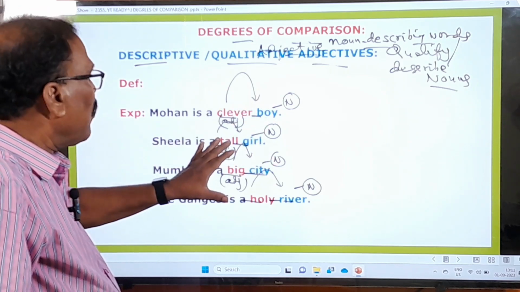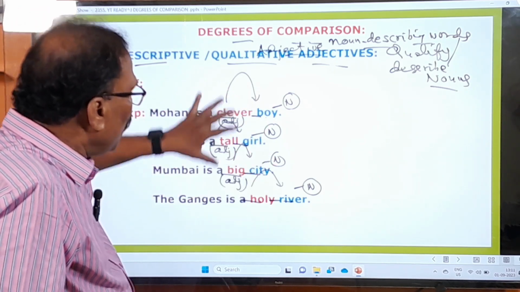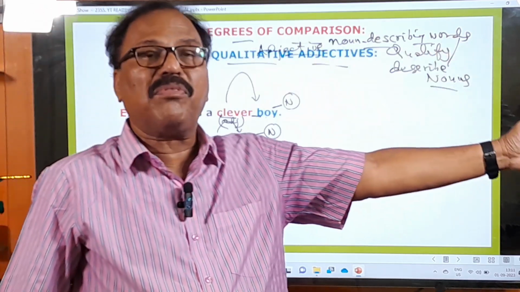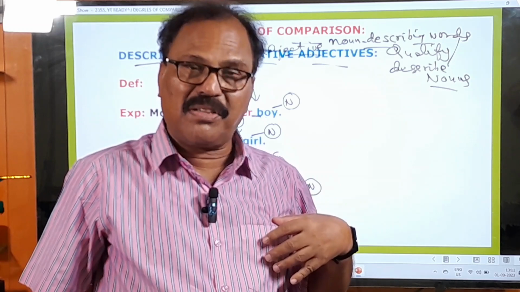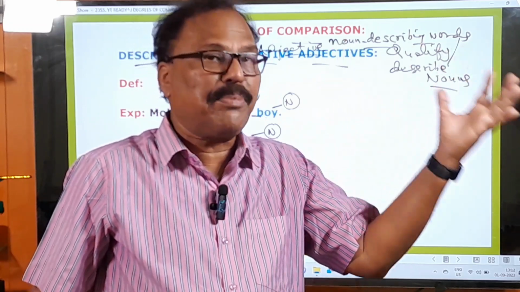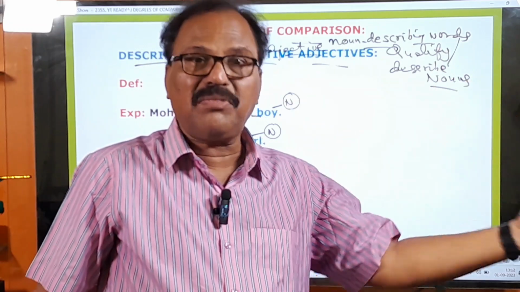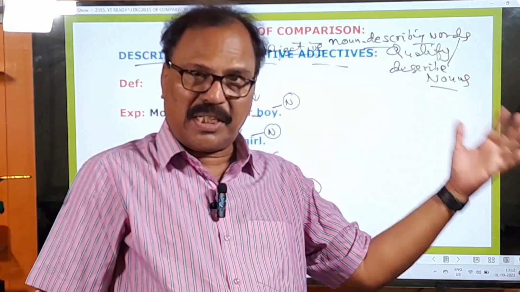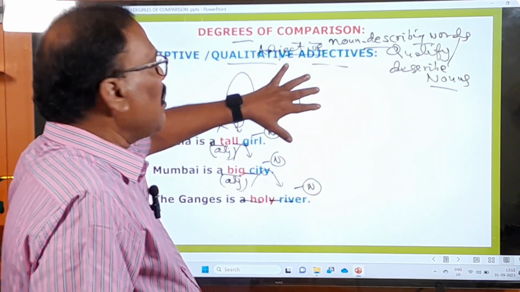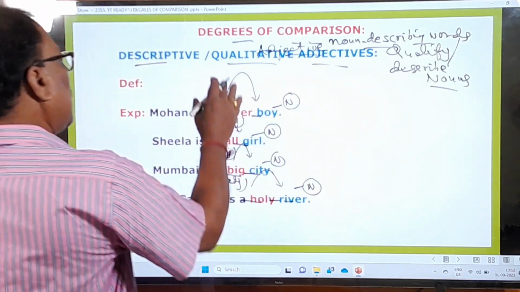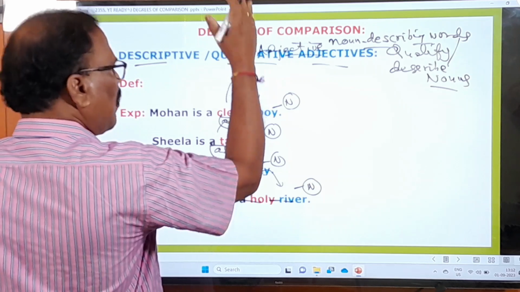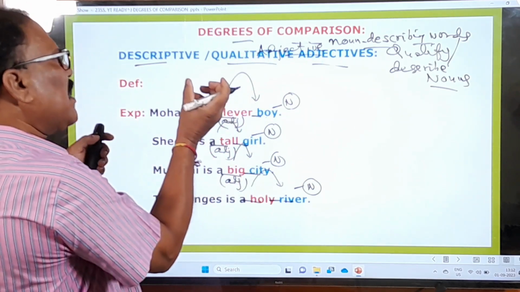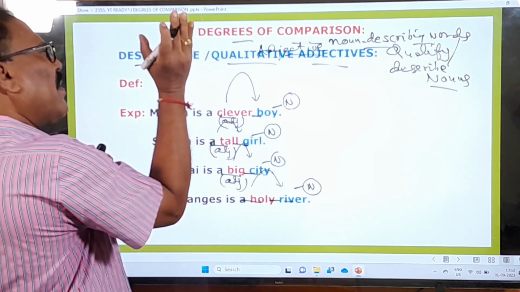Such noun describing words are called adjectives, and especially descriptive adjectives or qualitative adjectives. Other quantitative adjectives exist, and that's why I'm specially saying qualitative adjectives. Whether descriptive or qualitative, they are only adjectives. They always qualify or describe a noun; that is the basic duty of adjectives.